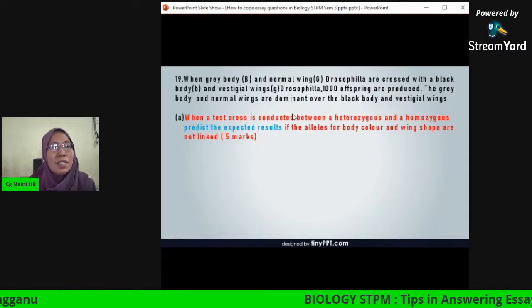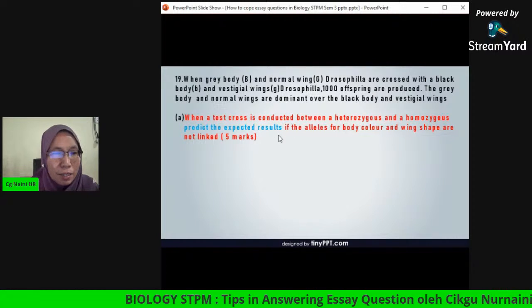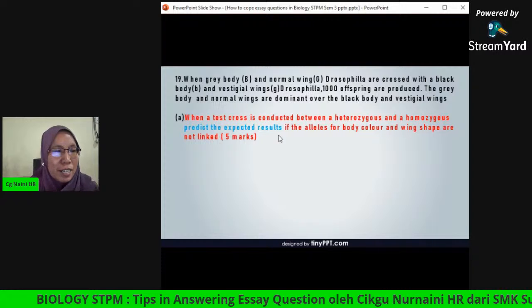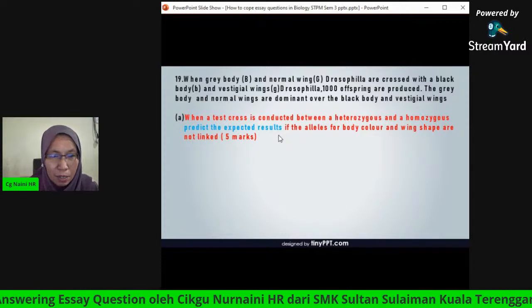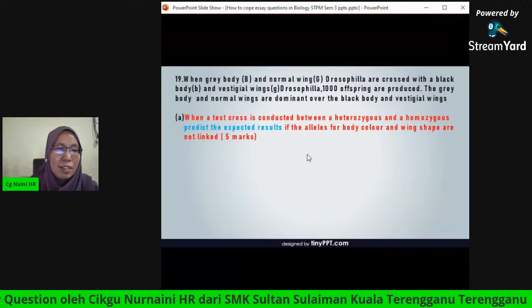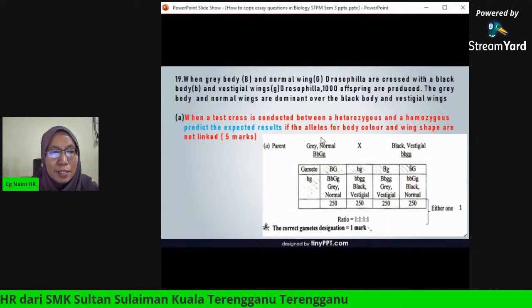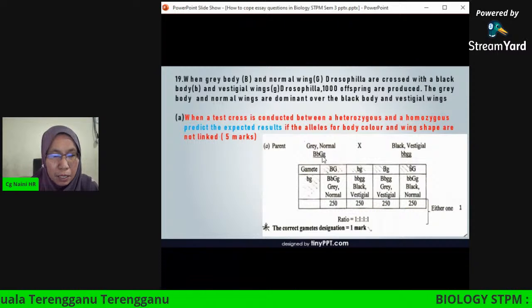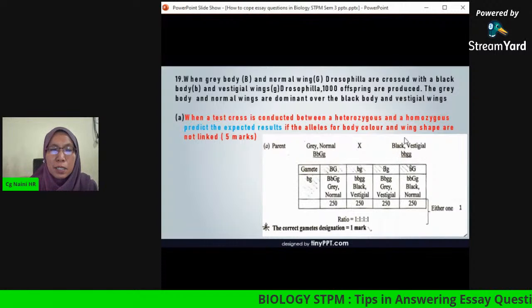So we just conduct a test cross of Mendel, and you remember the ratio of a test cross for the dihybrid cross of Mendel. This is a heterozygous cross, small b, big G, and small g, with the homozygous recessive.